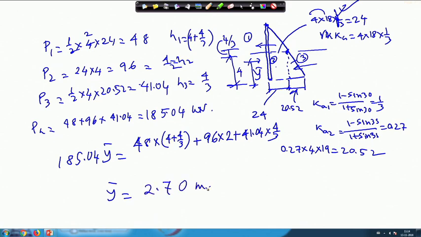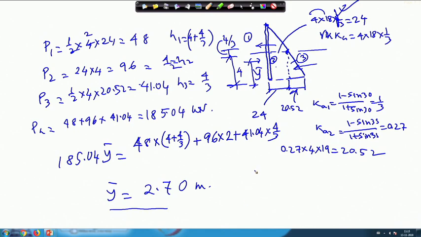Okay. So for this calculation, y bar means the point of application of the active thrust will be 2.7 meter from the base. But if it is a single layer, 8 meter height, then what should the height have been?